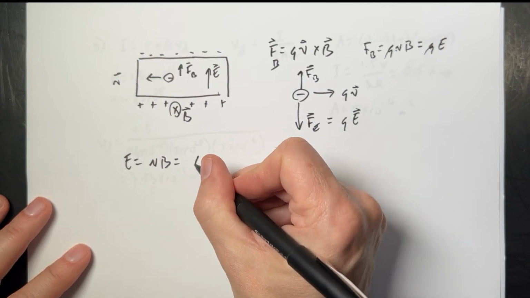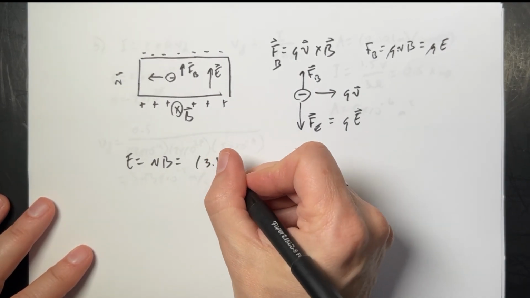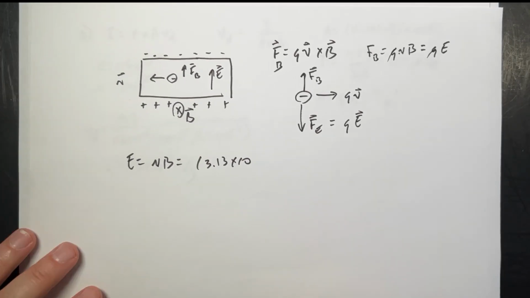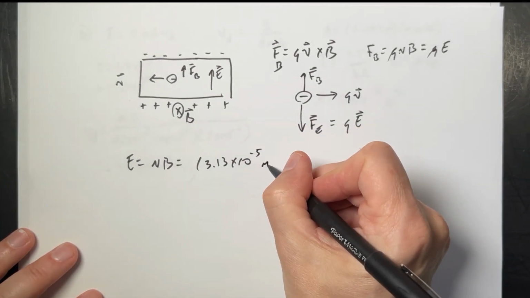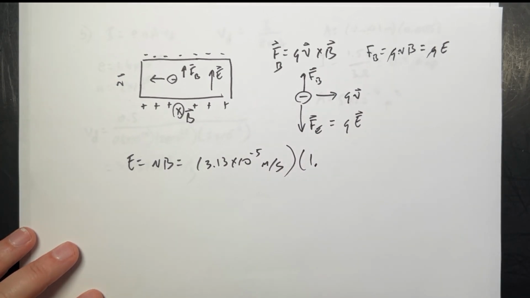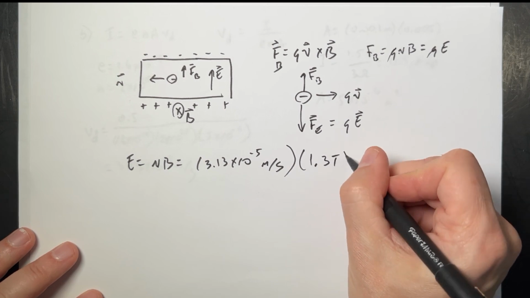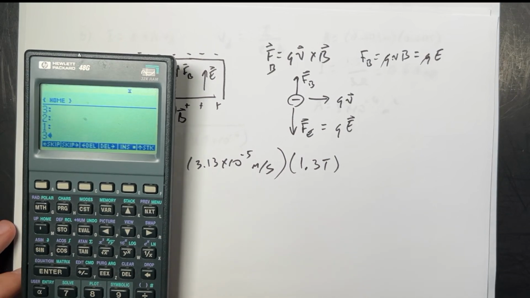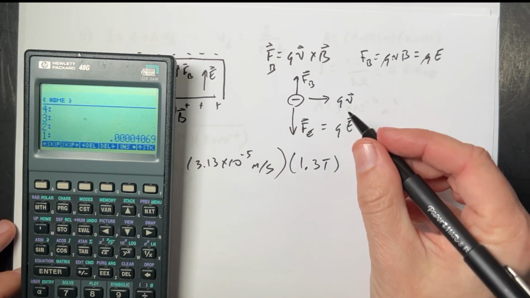So let's put in our values. I had 3.13 times 10 to the negative 5th meters per second times the magnetic field of 1.3 Tesla. So let's put that in. 3.13 times 10 to the negative 5th, enter, 1.3 times.